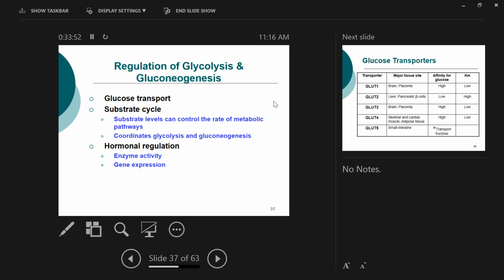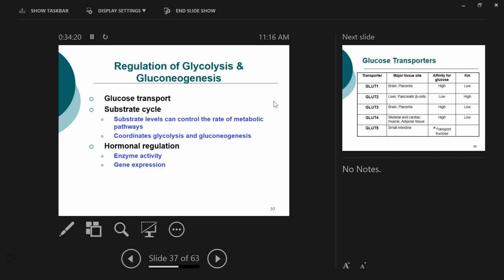First is glucose transport, and secondly, the so-called substrate cycles. The intermediates of these two different pathways can regulate enzyme activities. And lastly, the hormonal regulation, like insulin and glucagon, whose levels are usually changed during fed and fasting conditions.